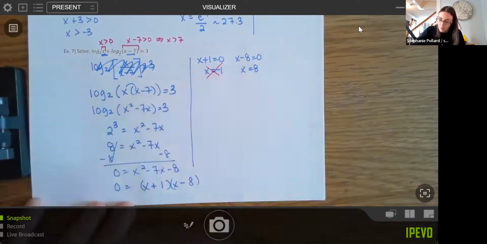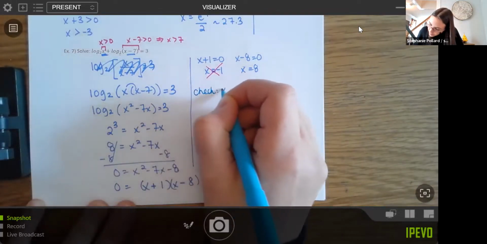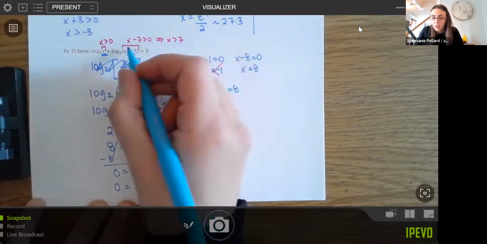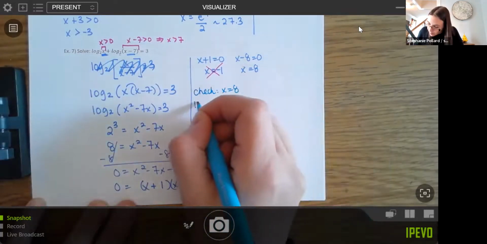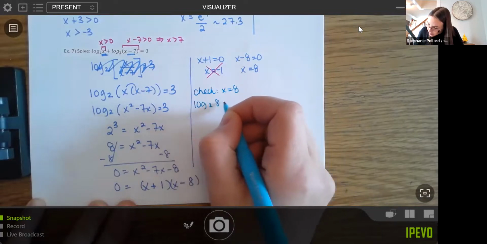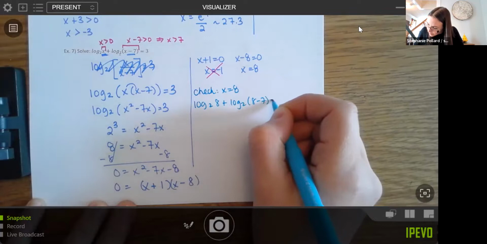When I check x equals 8, I don't see any initial domain restrictions. It looks good, right? It's greater than that 7 value. It's greater than 0. So I have log base 2 of 8 plus log base 2 of 8 minus 7 equals 3.